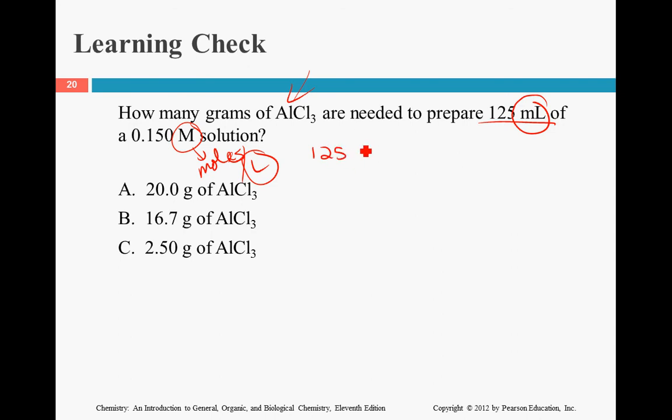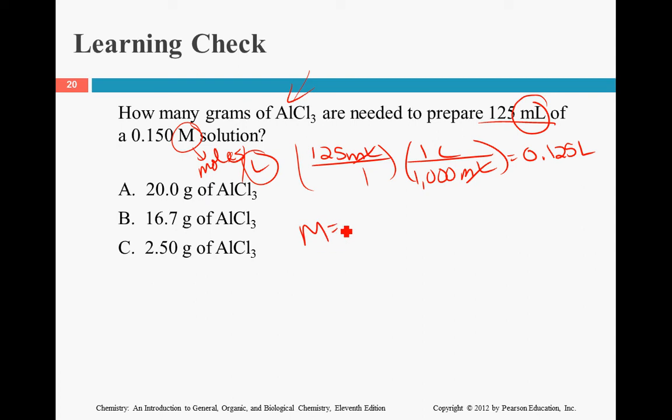So 125 milliliters, for every 1,000 milliliters there's 1 liter. So we're going to end up dividing by 1,000 here. Now we can plug it into the molarity equation. Molarity is equal to moles over liters.